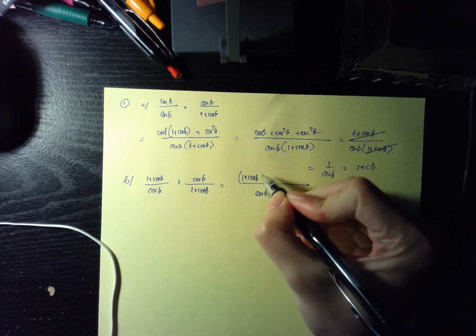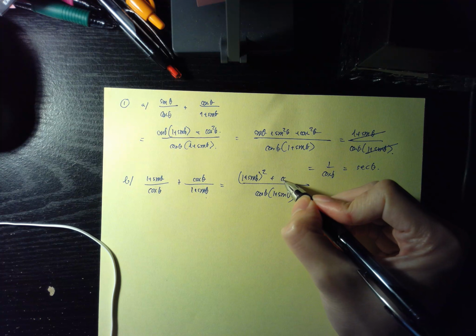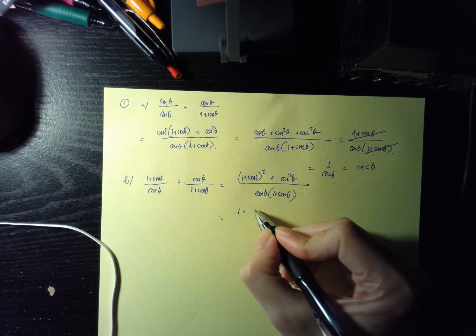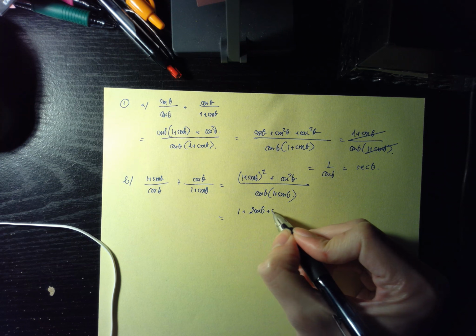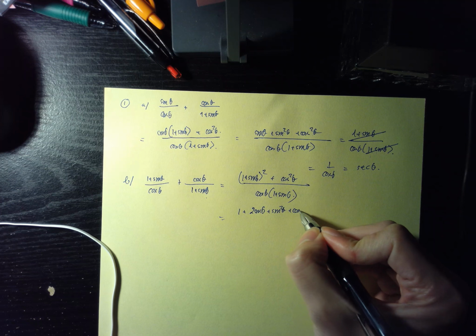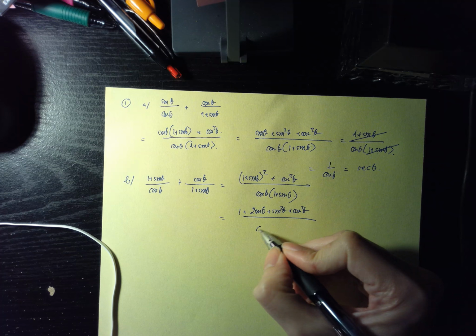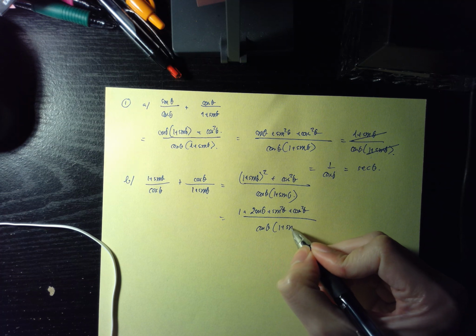So you have 1 plus sine theta squared plus cosine squared, and you expand this. You have 1 plus 2 sine theta plus sine squared theta plus cosine squared theta over cosine theta times 1 plus sine theta.